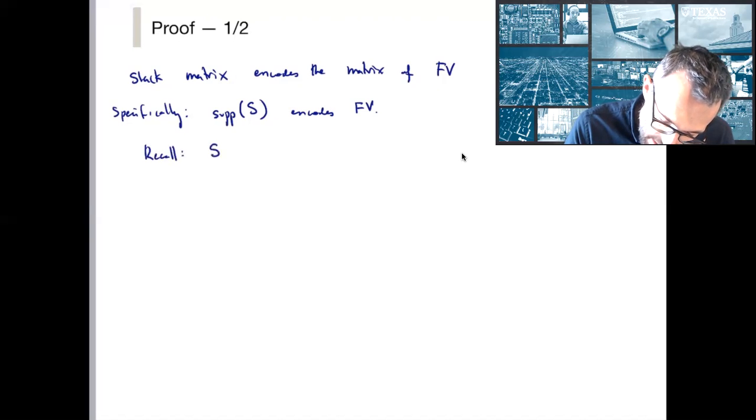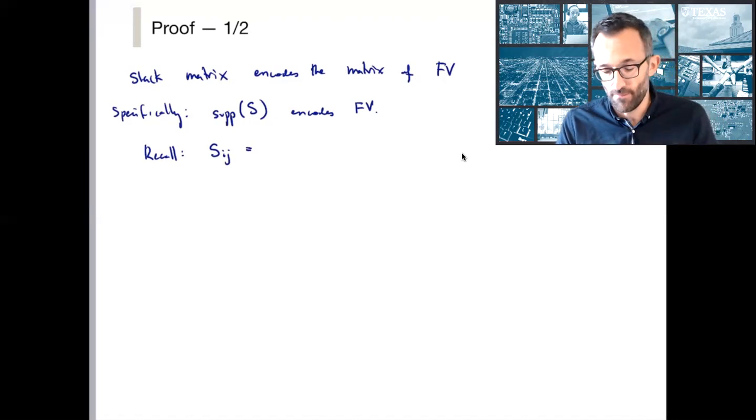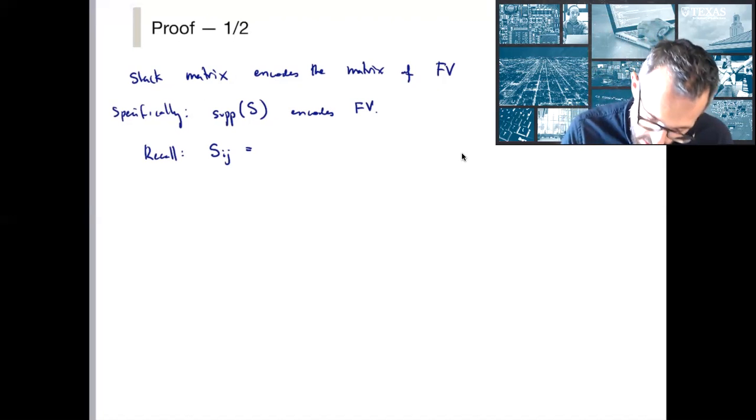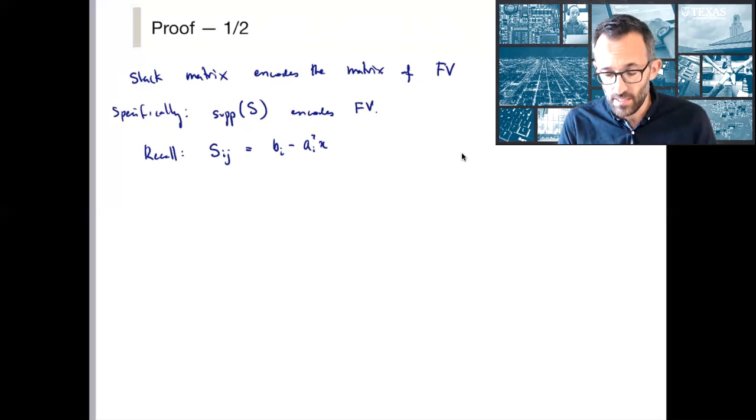Recall, what is S_ij? This is the slack of vertex j on inequality i. So it is equal to b_i minus a_i transpose x_j, where x_j is the jth vertex.